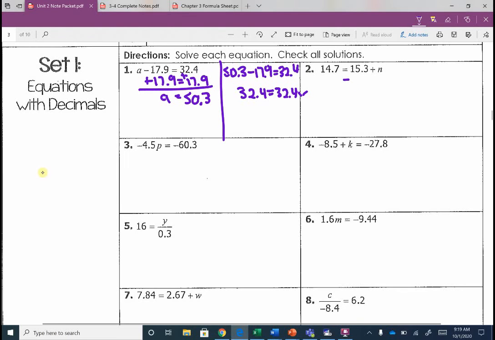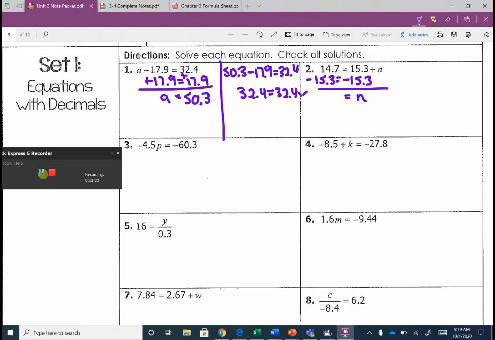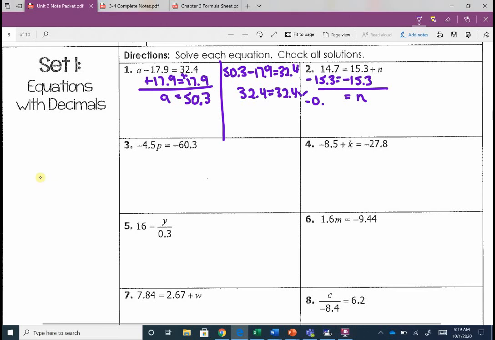And we get that n equals negative 0.6. We can put it in and check. 15.3 plus negative 0.6. And we get 14.7 equals 14.7. We want the left side to equal the right side. That's our check.